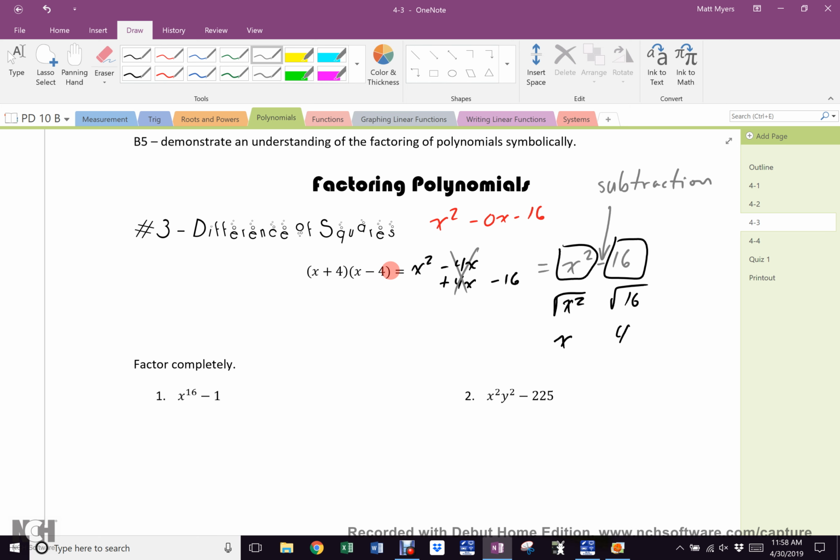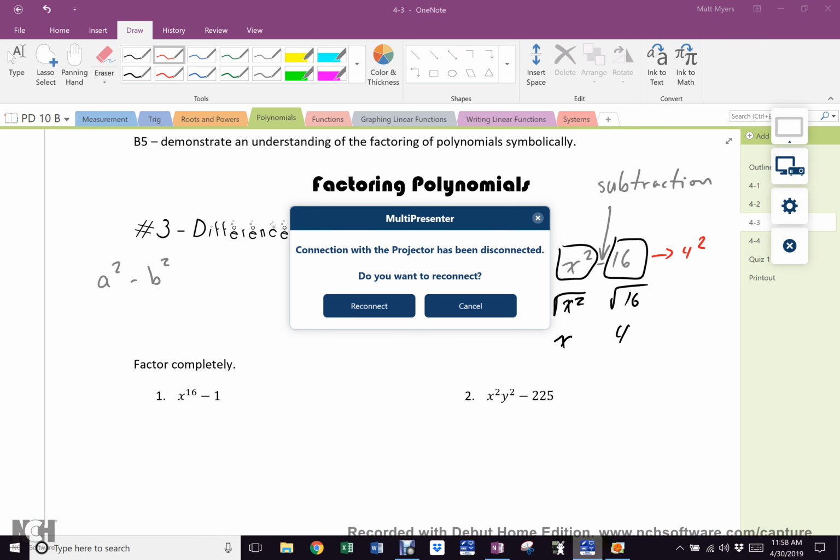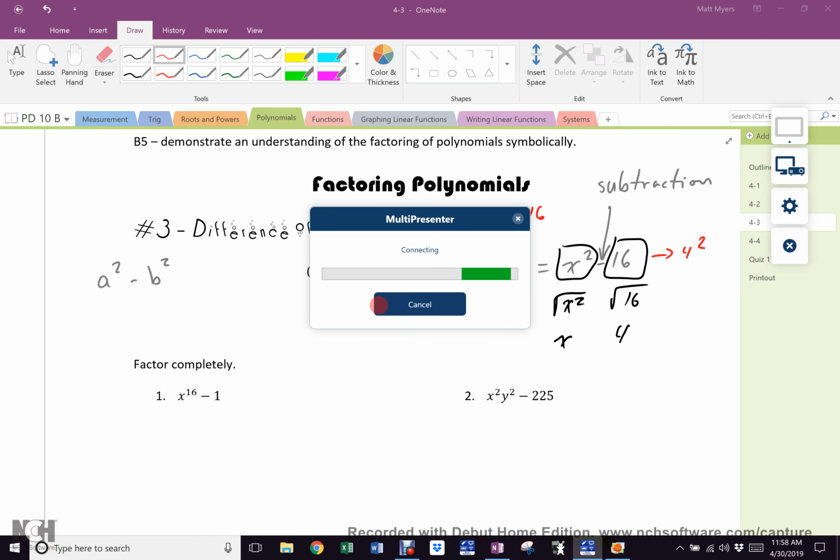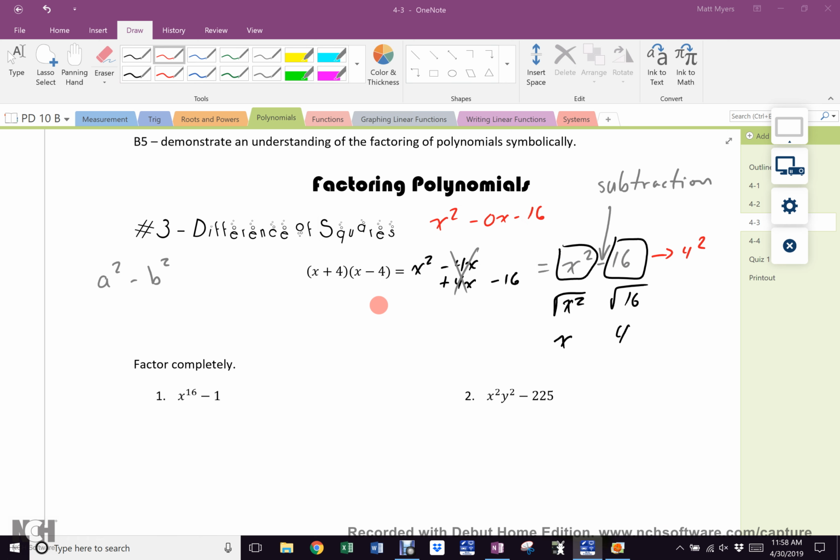So I'm going to write it in a formula for you. A squared minus b squared. Right? Now, in this case, a squared was x squared and b squared was 16. But 16 is really 4 squared, isn't it?